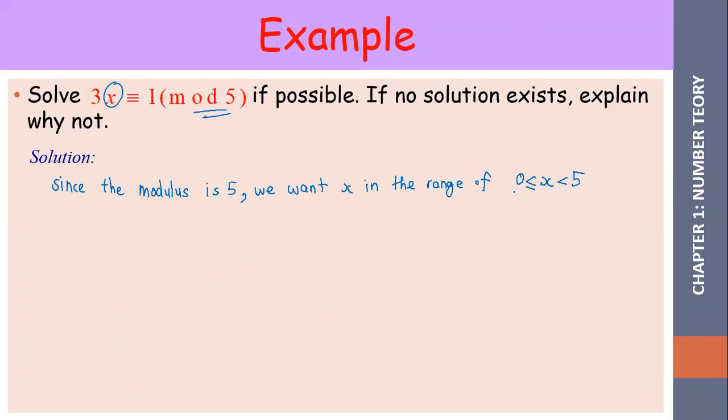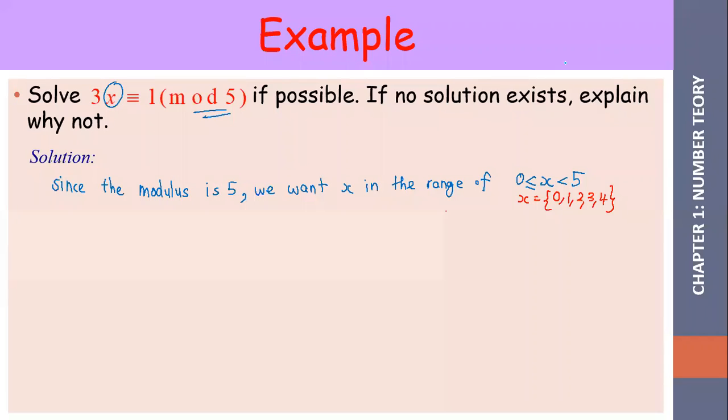This means that we want your x in the range of 0, 1, 2, 3, 4 only. Why? Because less than 5. So we want x such that 0, 1, 2, 3, 4 only.